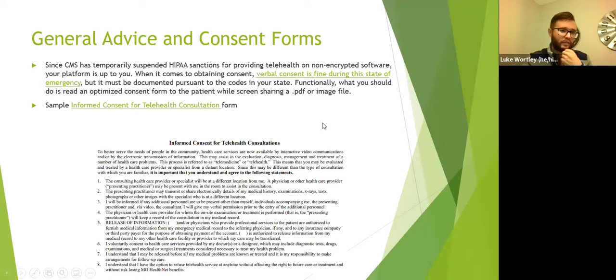So since most states' Medicaid programs just follow kind of what CMS standards are, we found that verbal consent was fine for our 4-state region as well. But like I said earlier, I know that Michigan just rescinded their public health emergency declaration status, so I'm not exactly sure how that's going to go.